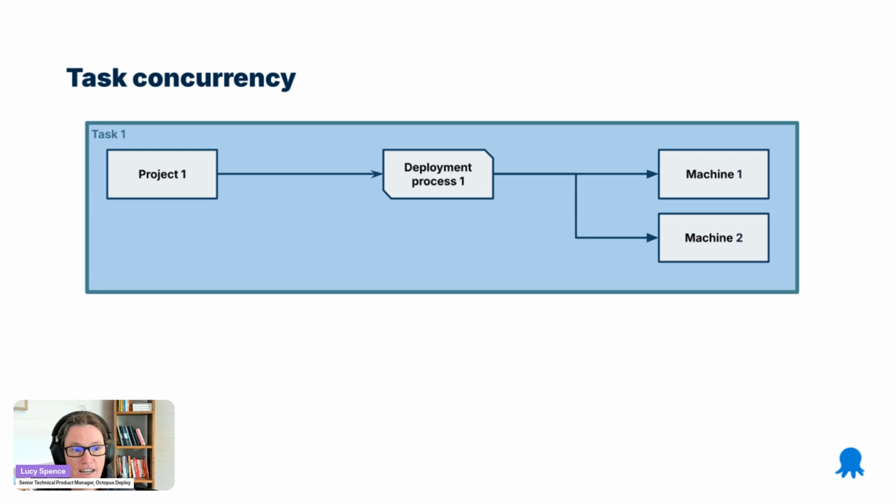If we have one project that is deploying to two targets, two machines, that is one task. We don't necessarily separate out the machines at this level. It would be one task, and the deployment would need to complete on both of those machines before that task completed, and you could start another task.